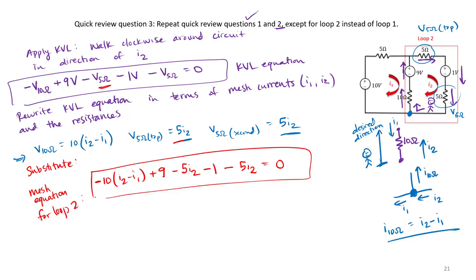All that equals 0. So if I were to ask you to write a mesh equation for the current around a certain loop, this is what I'd be looking for. I'd be looking that you applied Kirchhoff's voltage law and then rewrote that equation in terms of current and resistance.